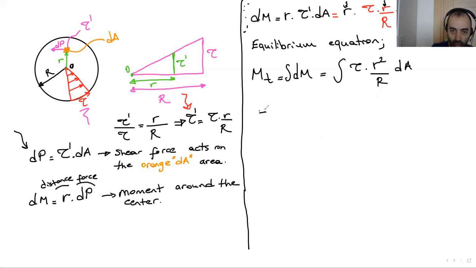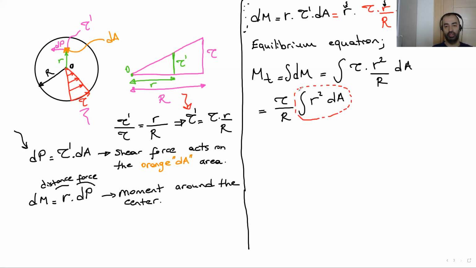Let's do it. Equals tau over R times the integral of r square dA. Okay. So here, what we have, a special part we have.